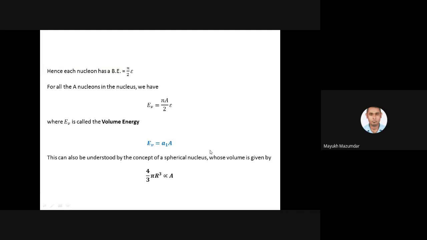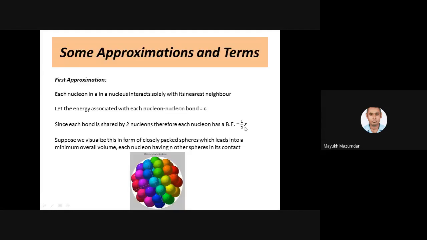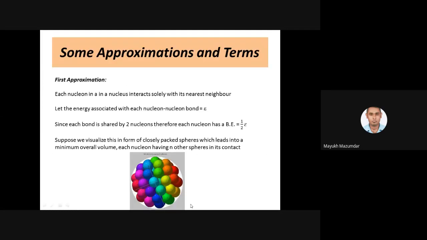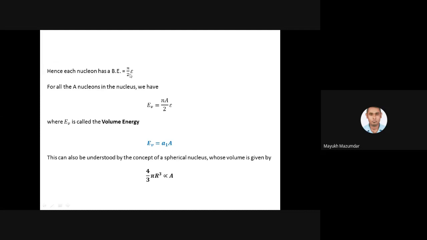Now we know that each nucleon has an energy of half epsilon. Now one nucleon is in contact with n other nucleons. So what would be the binding energy for it? n times half epsilon.